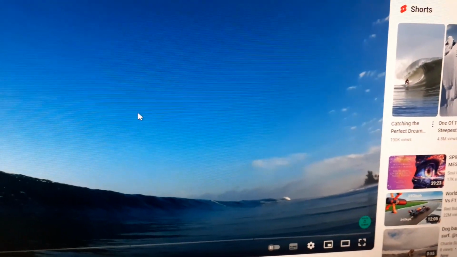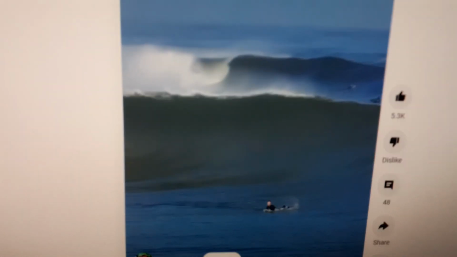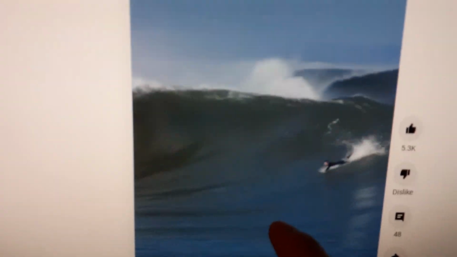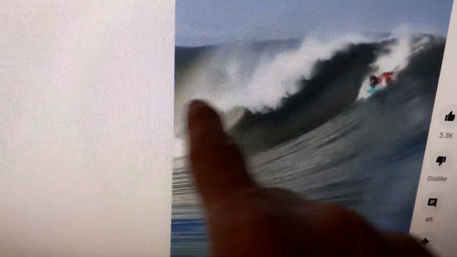Where we're going, let's have a look. This is a good example. You see how it rolls, how it moves. Here you've got something with gaps, and it's got continuous flow.